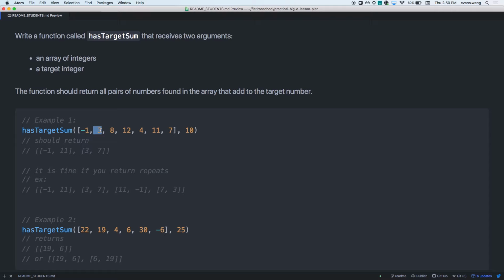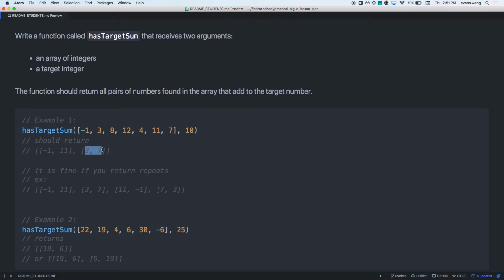What is 3 plus 8? 11, great. So the idea is that pairs of these numbers should add up to the target number. If your function runs correctly, you should get -1 and 11, because that returns 10, as well as 3 and 7, which also return 10.